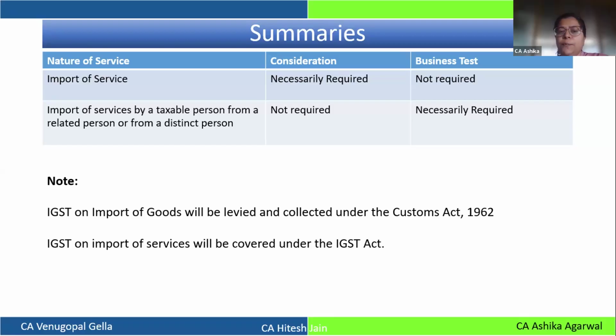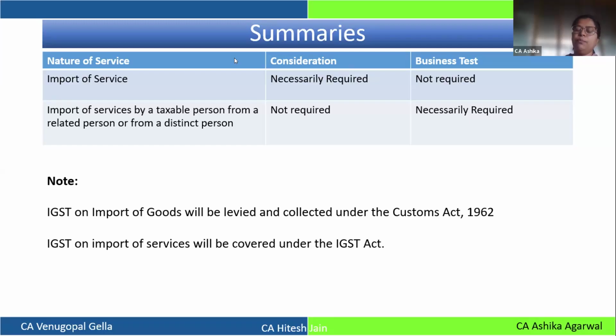So over here, where we are saying consideration is not required, we are basically talking about Schedule 1. If you are able to recollect, stock transfers are taxable because of Schedule 1. So even where a transaction is between related parties or distinct persons having no consideration, taxability will be there, subject to the condition that it should be in the course of furtherance of business.